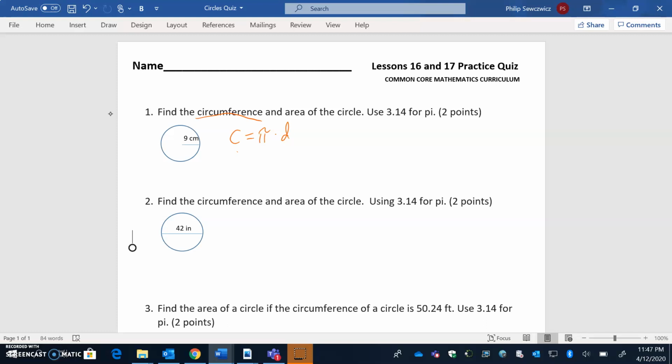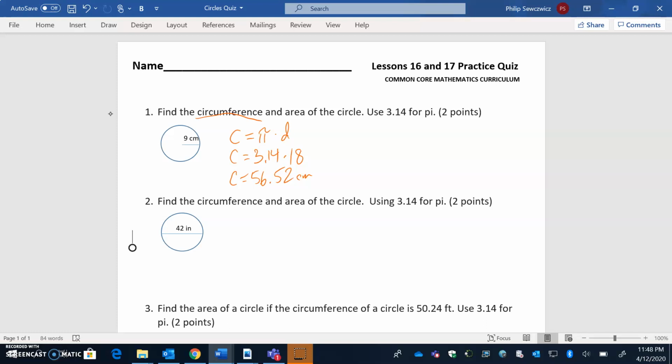It tells me to use 3.14 for pi, so I'm going to plug that in. I need the diameter, but that picture only gives me the radius, so I do need to double it to make 18. You can just simply reach for your calculator, type that in, 3.14 times 18. 56 and 52 hundredths. It is just perimeter. That's what circumference is.